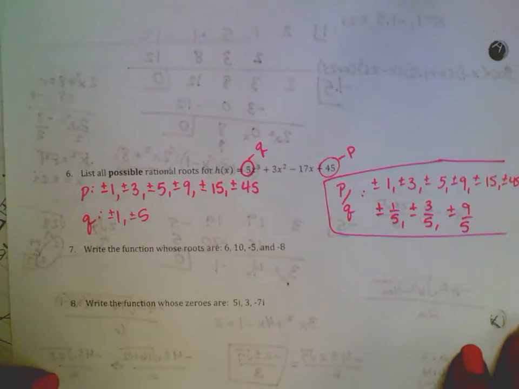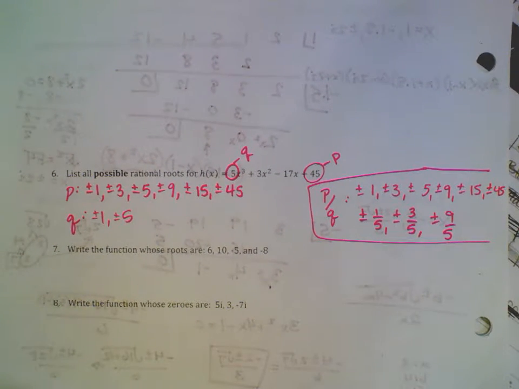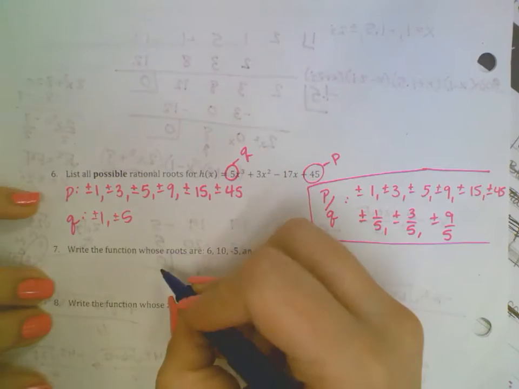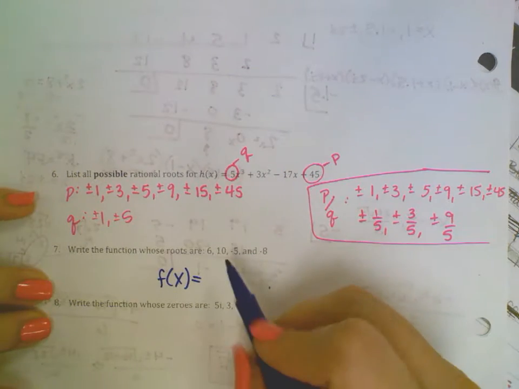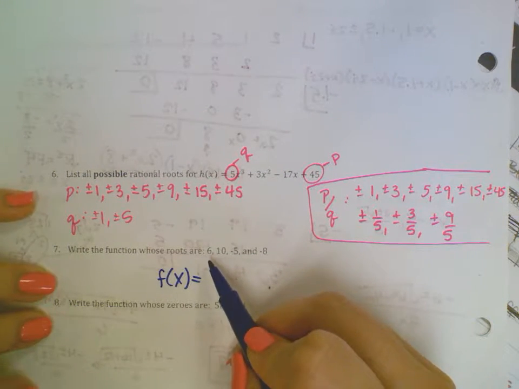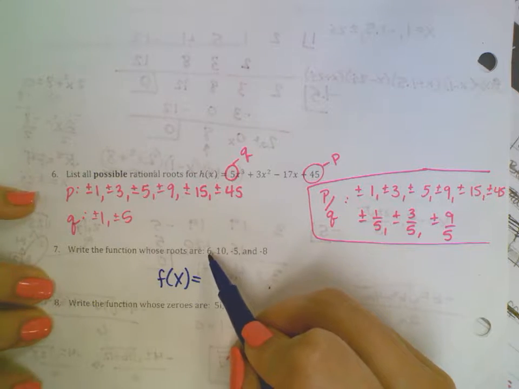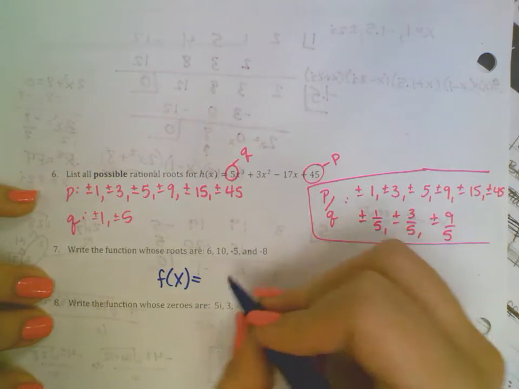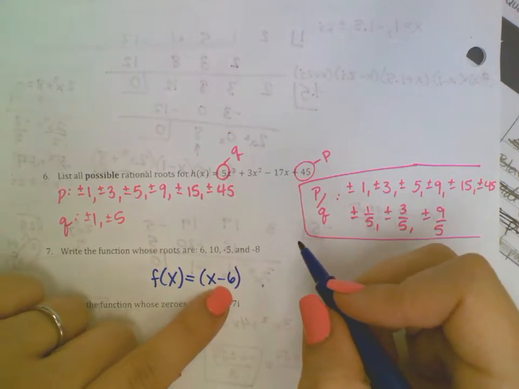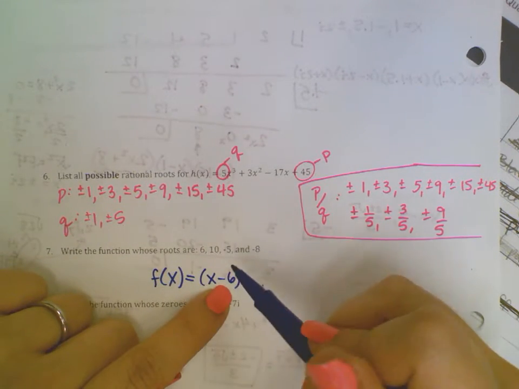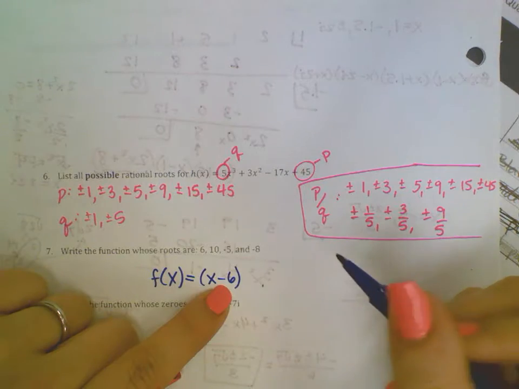Now, if we have to write the function and we give you all of the roots, then we can just write our function in factored form. If I know that y is 0 when x is 6, 10, negative 5, and 8, then I know that x minus 6 equals 0, so x must be 6.